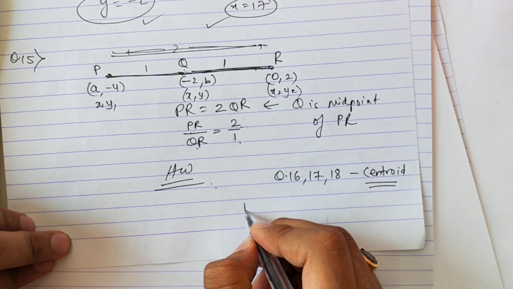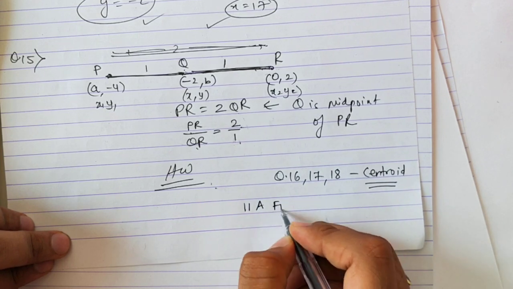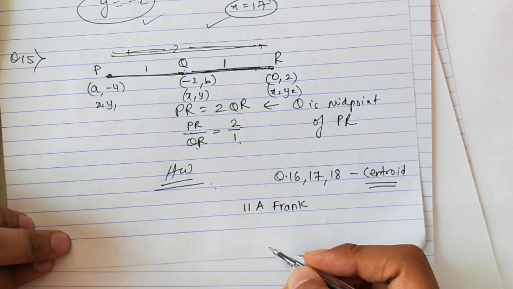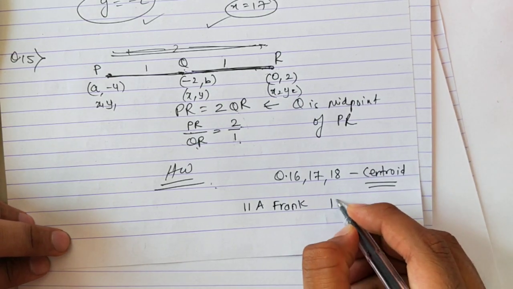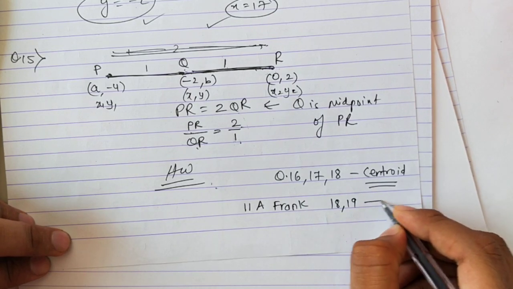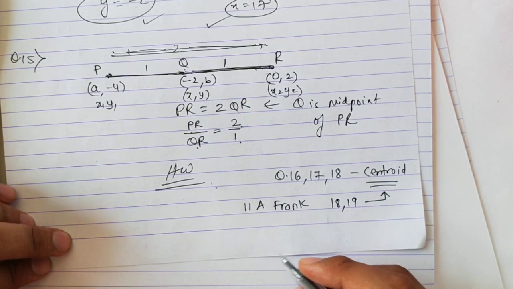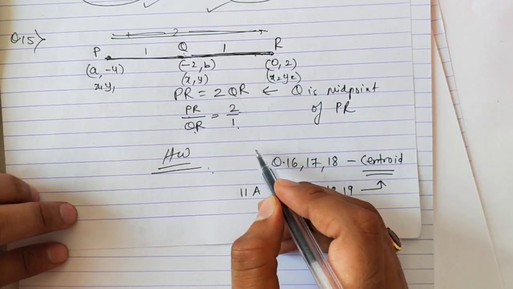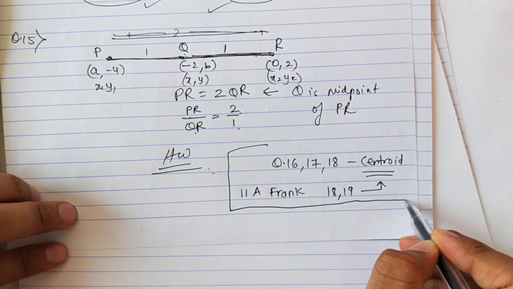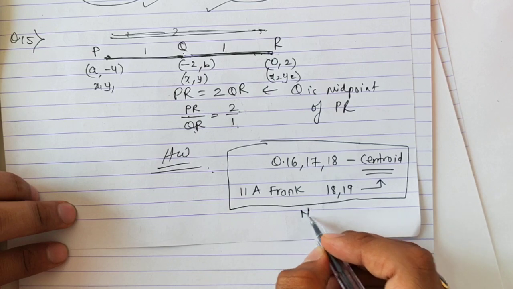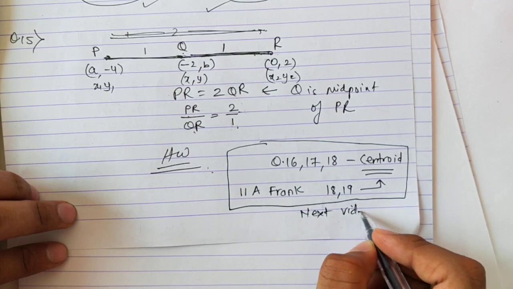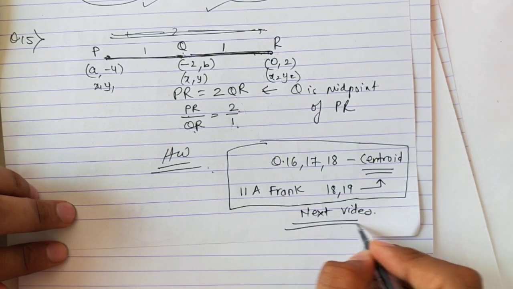In exercise 11A, Frank, the last two sums, that is question number 18 and 19, are also based on centroid. So these sums which are based on centroid, I'll do in a separate video next time, in the next video.